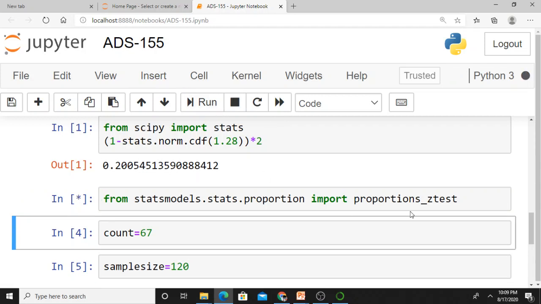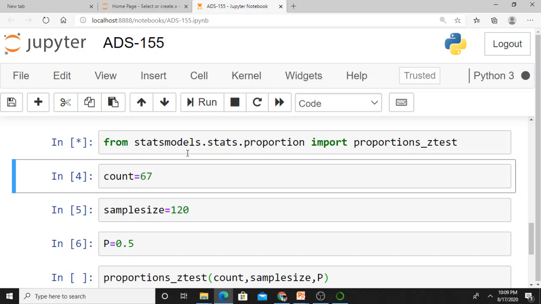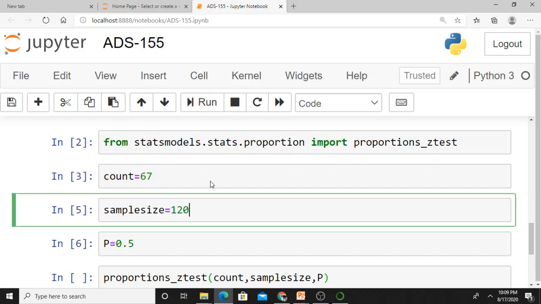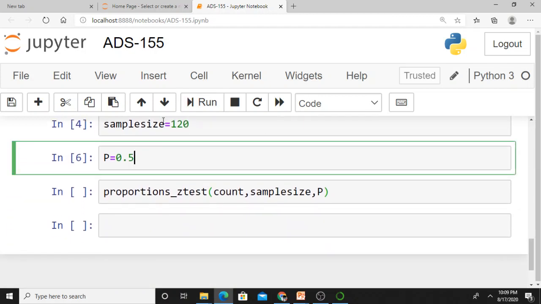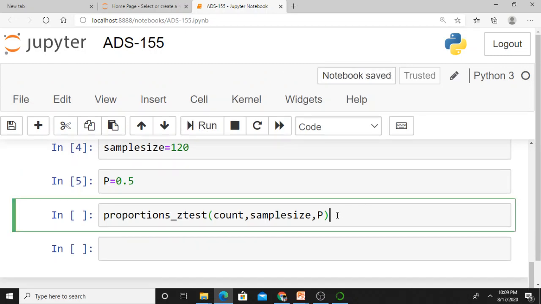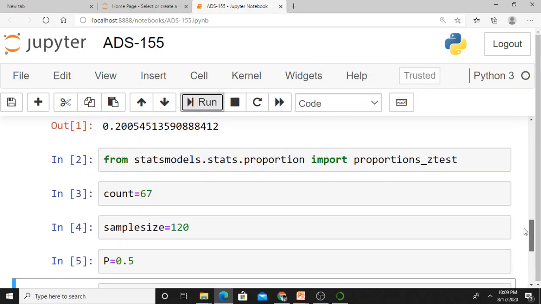You can also calculate the Z value. How can I calculate? Just see, from statsmodels, which I have shown in our PPT. My count equals 67, sample size equals 120. The population proportion is capital P, 0.5, and I am calculating proportions_ztest.